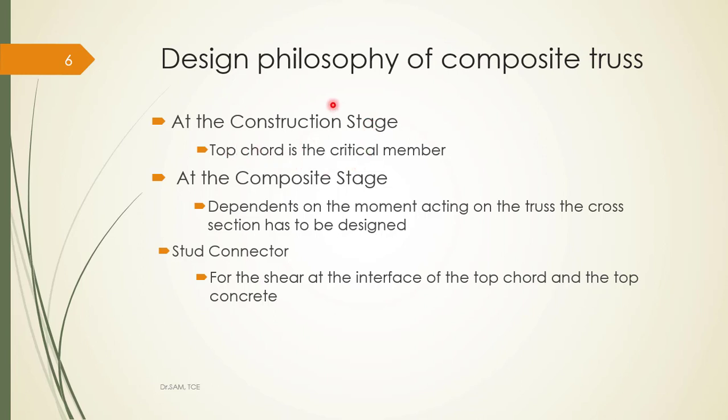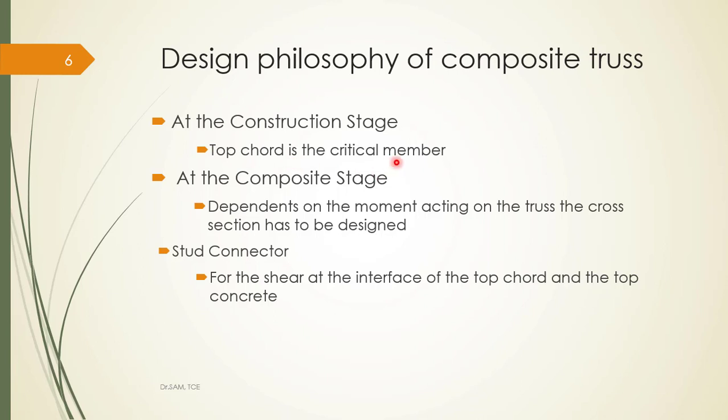Since the given structural element is a truss, the top chord is under compression and the bottom chord is in tension. After composite action, the top chord is integral with the concrete slab. But in the construction stage, the top chord is independent, not restrained against the concrete.